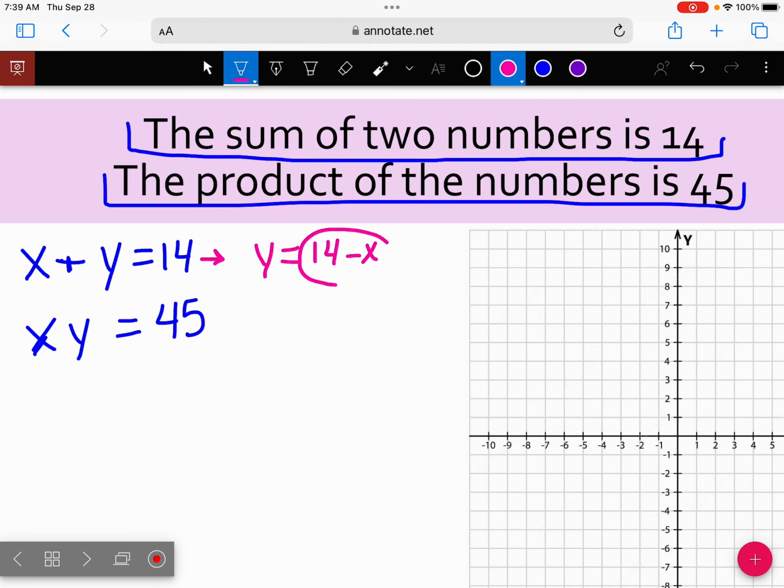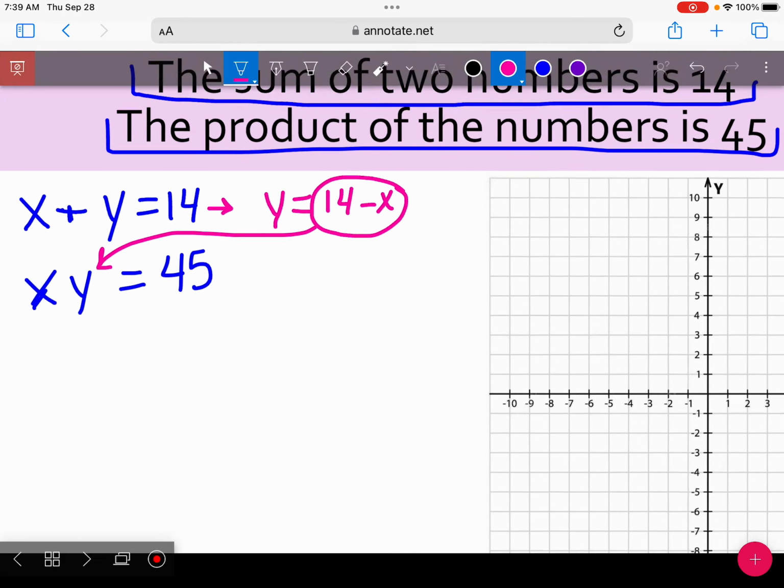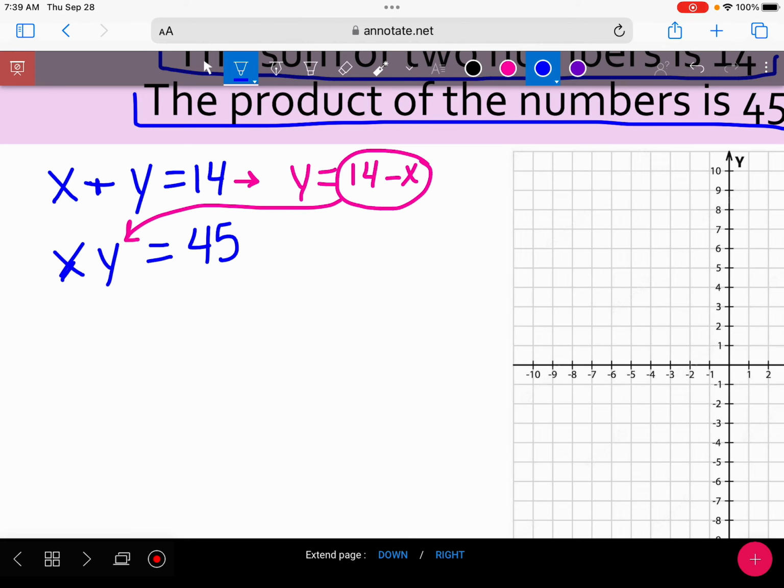If I know y is the same thing as 14 minus x, can I not substitute that in place of this y? x times 14 minus x is 45, right?